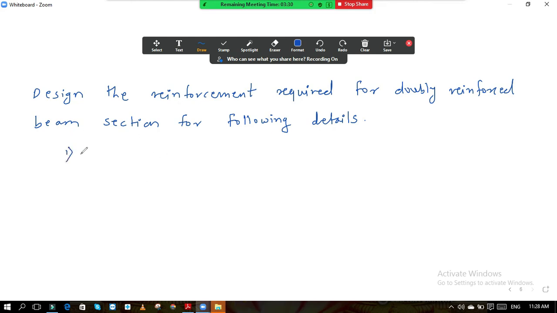First, width of beam is equal to 250 mm.